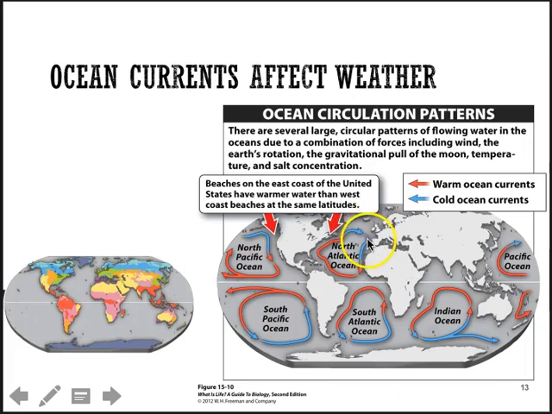Goes along the coast of Western Europe, down the coast of Africa, and it still stays pretty cool until it gets to the equator, where it starts to warm up again.